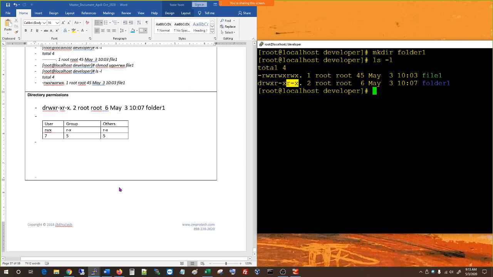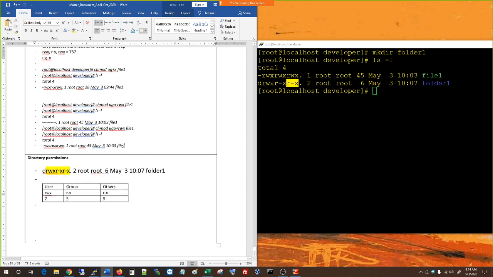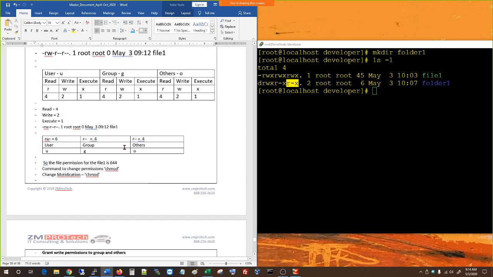So the D stands for directory here. And this part here is read, write, execute. So we are worried about only this part here. Up here also I'm going to highlight that.